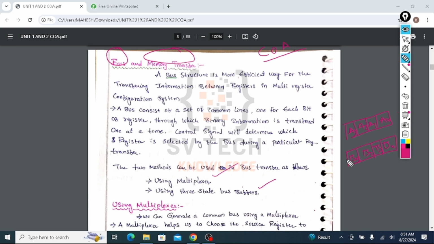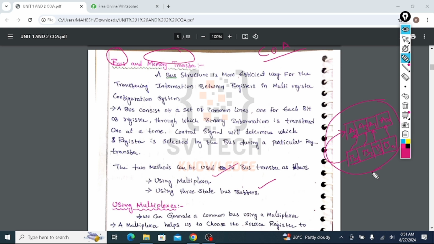So to transfer data from the B register to the A register, 4 lines should be there. Means B0 data will transfer to A0 through a line, B1 data will transfer to A1 through a line, B2 data will transfer to A2 through a line, and B3 data will transfer to A3 through a line. So this is the story of a 4-bit register.